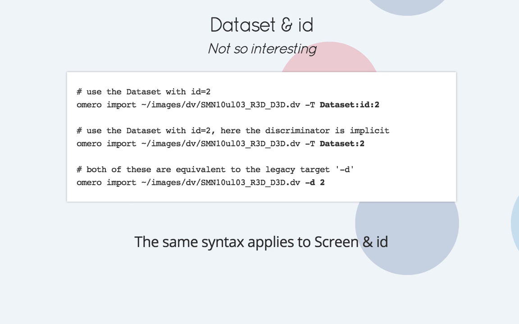So if you create a dataset, then the output you'll get is dataset:ID. This can be fed straight into the import target. And both of these are effectively equivalent to the legacy -d2. And exactly the same syntax applies here for screen and ID.